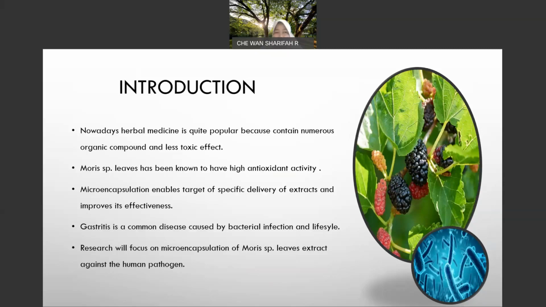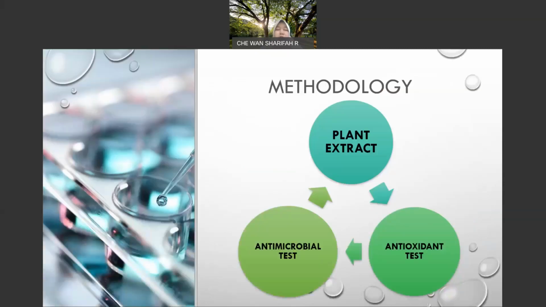In this study, we go through three major methodologies. First is plant extraction: we extract the Morus species leaf using two different solvents, methanol and ethanol. Later, the crude extract goes through encapsulation, and we determine the antioxidant activity more specifically.